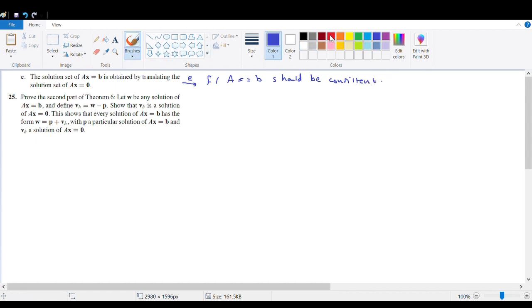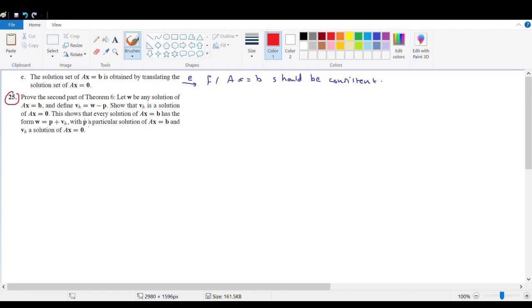Now for 25, prove the second part of theorem 6. Let w be any solution of Ax is equal to b and define vh is equal to w minus p. Show that vh is a solution of Ax is equal to 0.